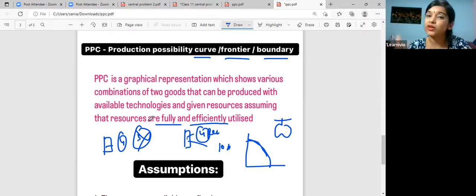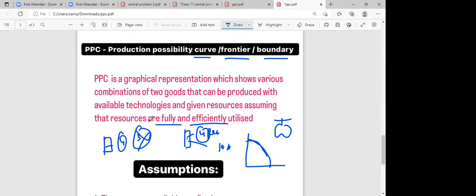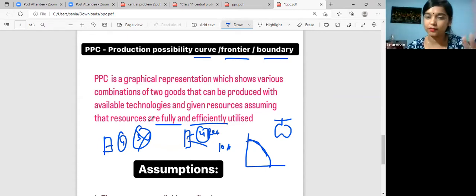Clear? So ma'am, what is PPC? First, ma'am, it is a graphical representation. Done. Now, what is the graphical representation showing? It shows the combination of two goods that can be produced with available technology and the given resources, because you need technology, labor, machines and techniques. So available technology and given resources.